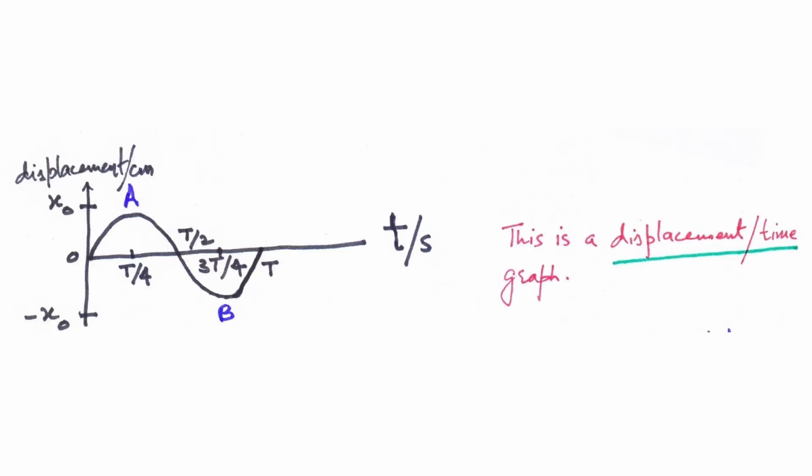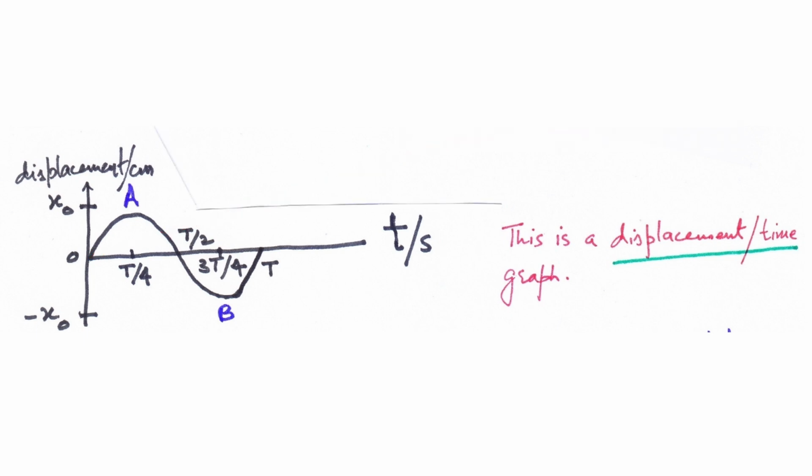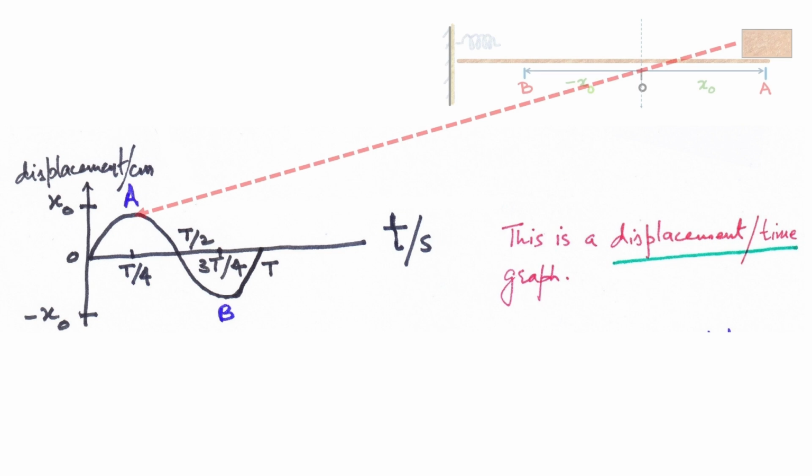I have made a displacement time graph in black color. At time t equal to 0, as the block was at O, its displacement was 0. And at A, its displacement was maximum, equal to x naught.